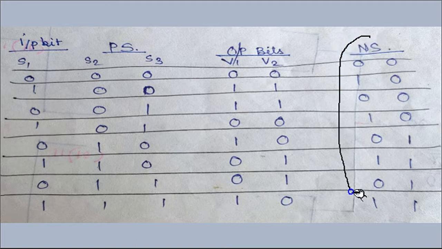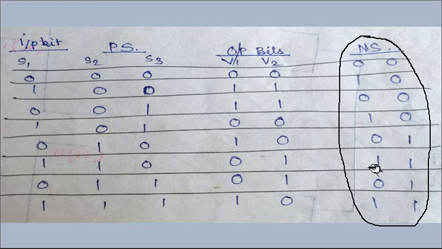Now I will provide a hint on how to prepare the next state without putting too much stress on the brain. When S1 is shifted to S2, then S2 is shifted to S3.